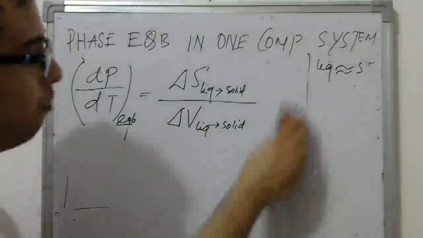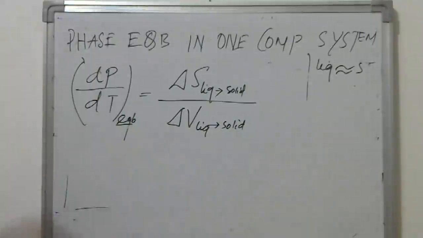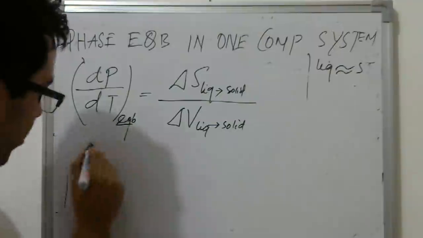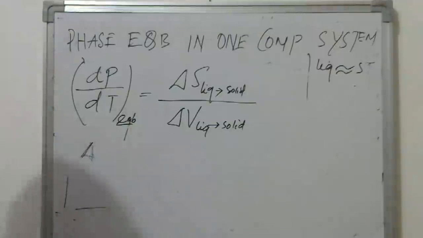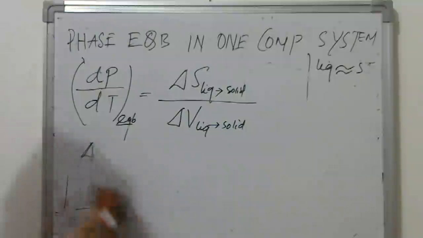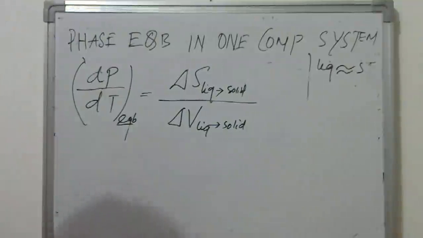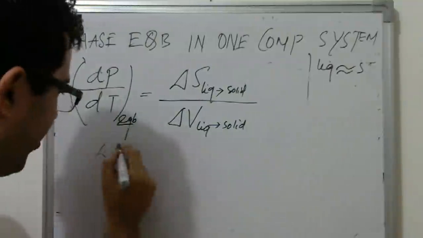So now from this we'll go to a few assumptions. Now we'll talk about delta G. Let's see what happens at equilibrium.